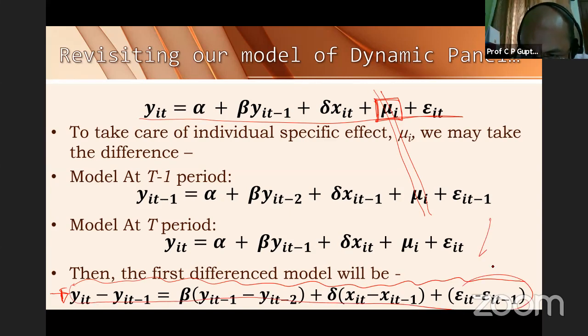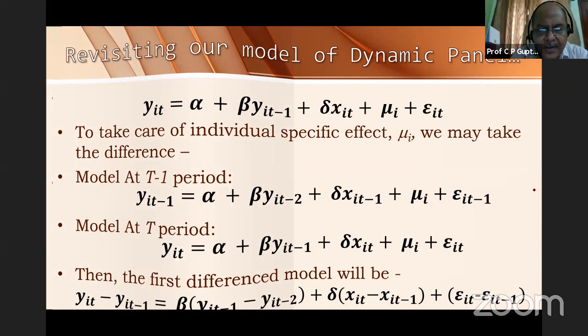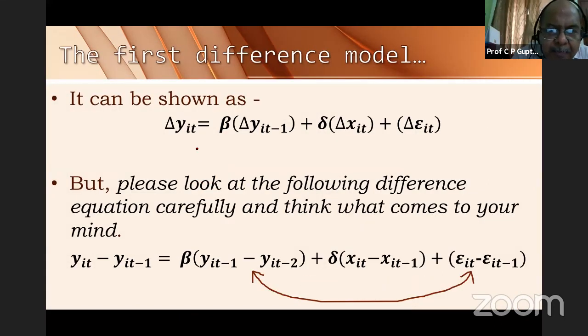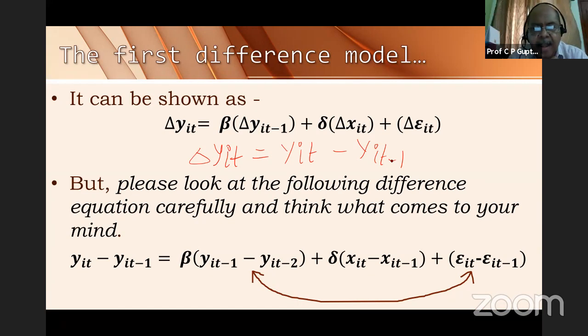Now, if you work with this model, do you see any problem? Please recall your basics about what we have talked about in the morning. It can be shown that I'm using delta Yit for Yit minus Yi,t minus 1, and similarly I'm using a delta sign for others.